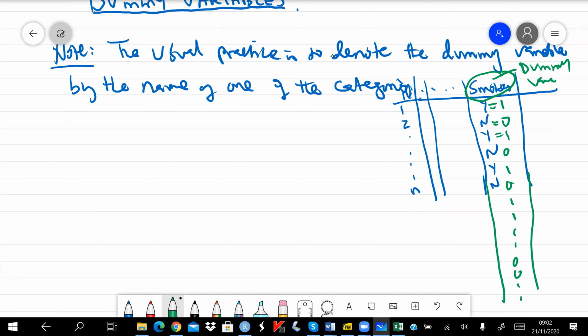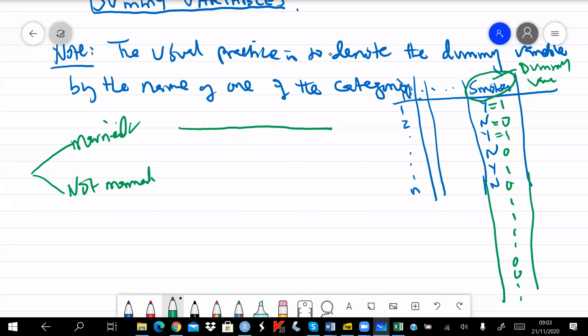The same applies if you are interested in finding out whether the person you are interviewing is married or not, because you are either married or you are not married. You can't be in both. So instead of having the question "Are you married?" as the title of your variable, you can choose one of the categories as your dummy variable.